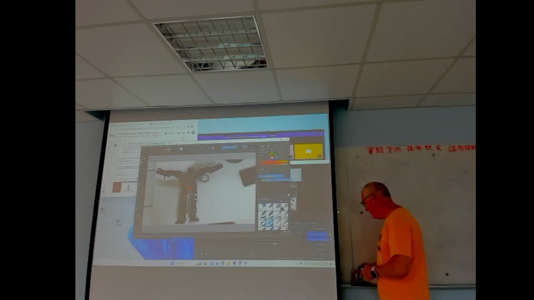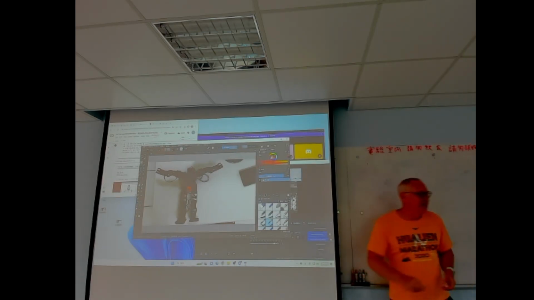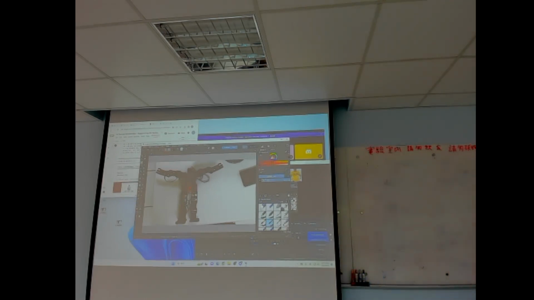Most people do it this way, Z being upwards being a very strong convention. X and Y, sometimes you can flip them if you want. So X is pointing forward, Z pointing upwards, and Y is pointing to the left.